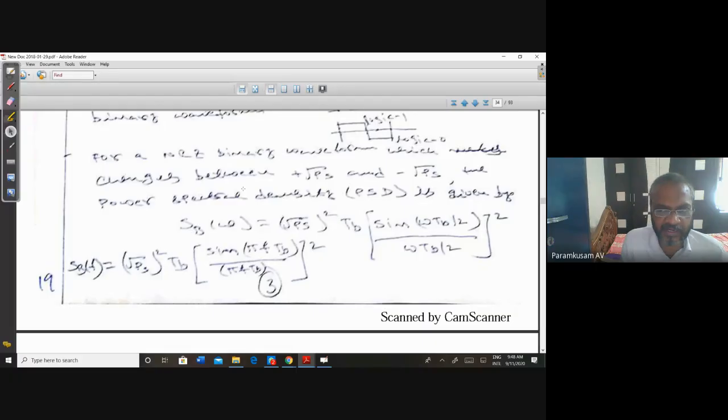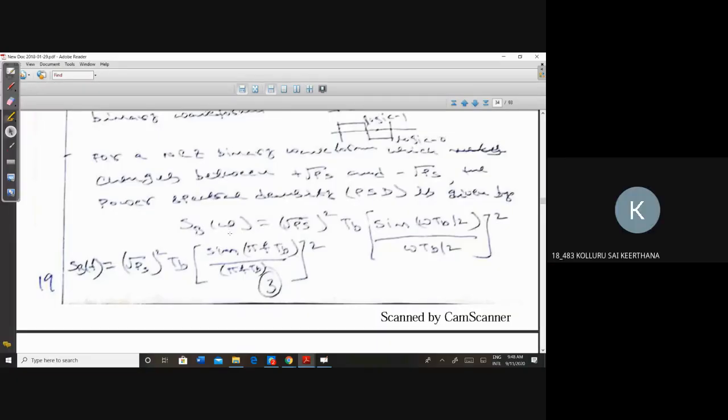the power spectral density PSD is given by, note it in terms of omega, S_B of omega, and also in terms of f. Is it clearly visible, the letters? Yes, sir.